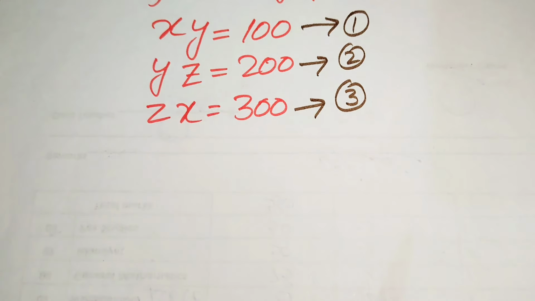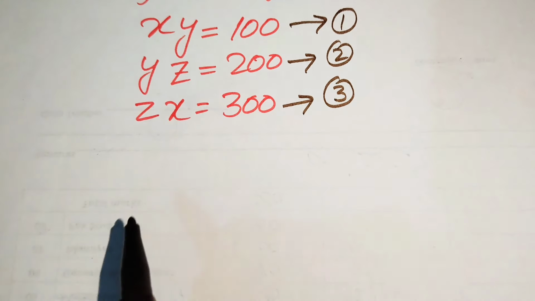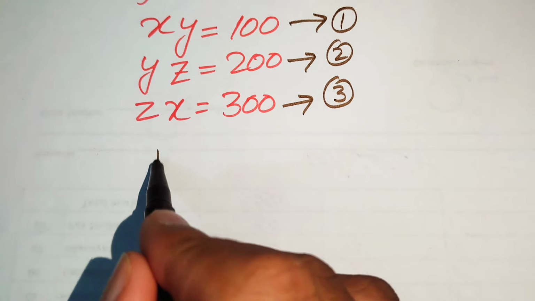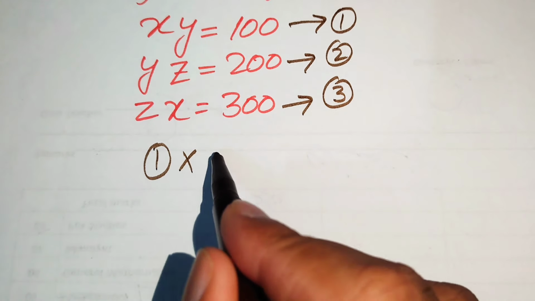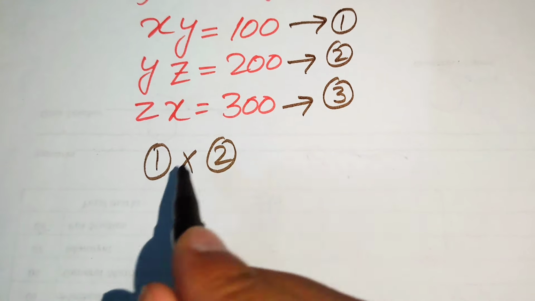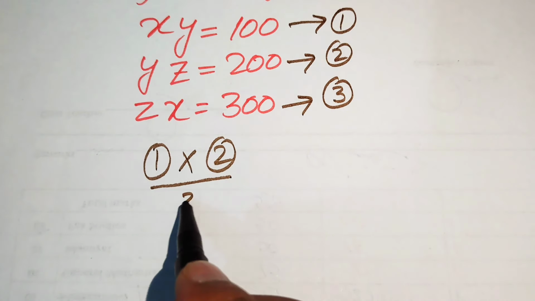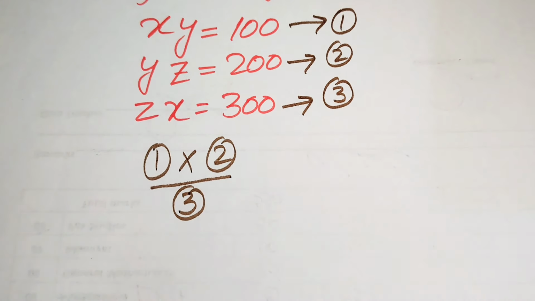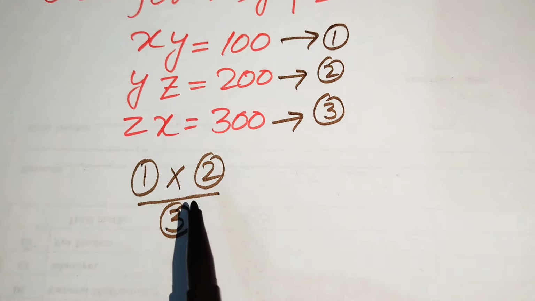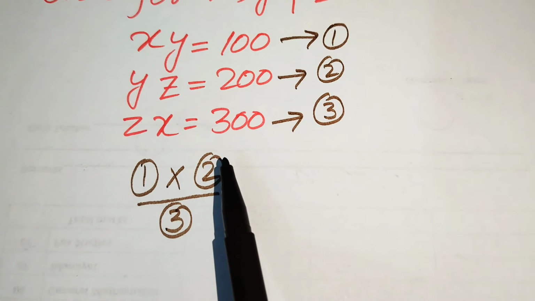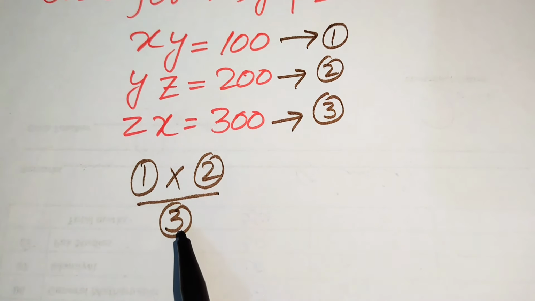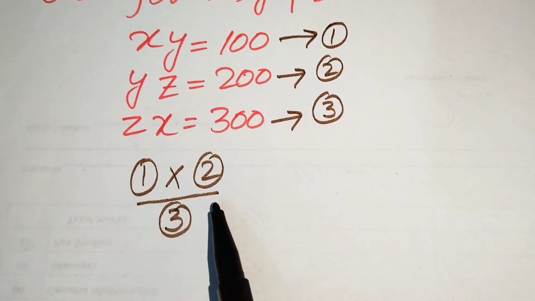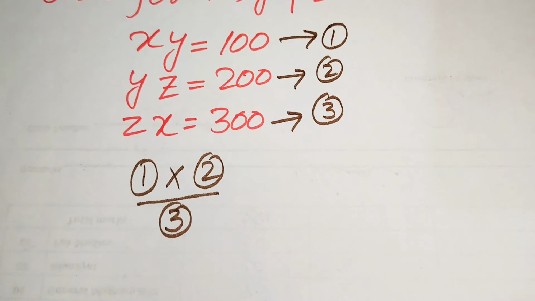So here the very first step we are going to do is multiply equation number 1 with equation number 2 and divide it by equation number 3. It means that we multiply the left hand sides of equation 1 and 2 and divide by the left hand side of 3, and similarly we take these steps to the right hand side.